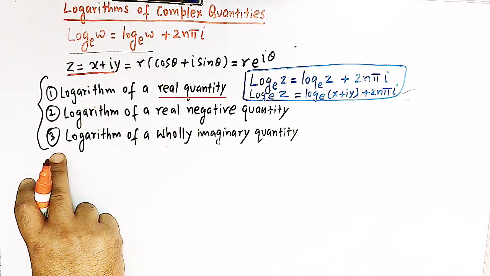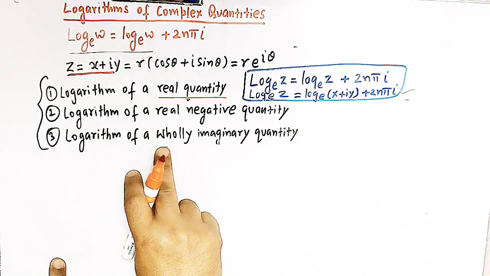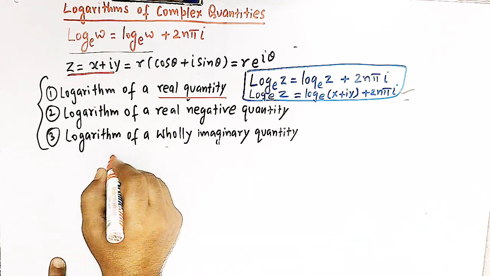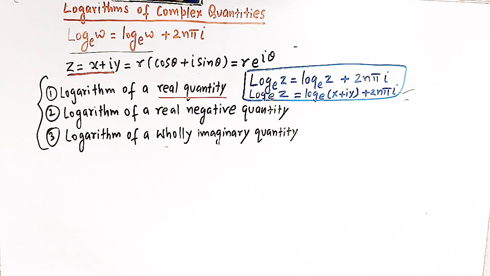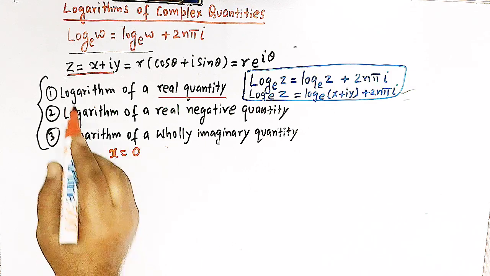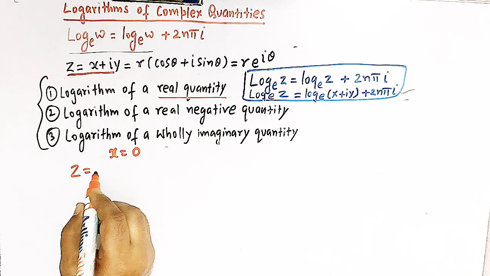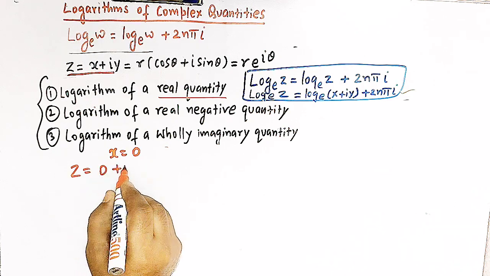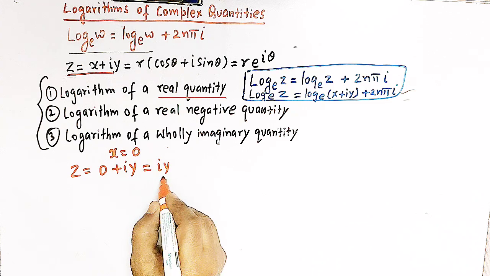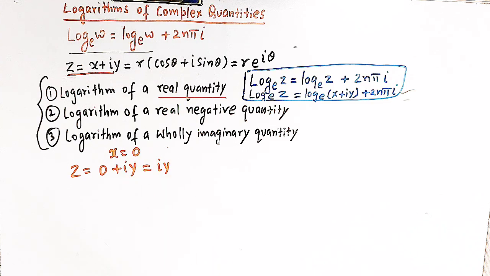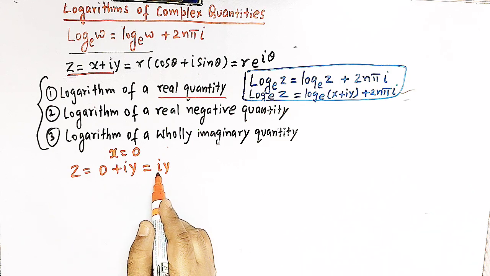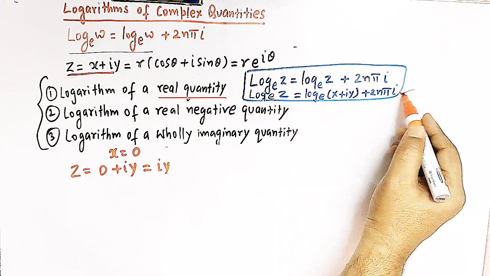So now consider the third case, that is the logarithm of a wholly or purely imaginary quantity. In this case, we'll take x equal to 0. So when we take x equal to 0, then the value of z becomes 0 plus iota y. So here we have iy, and iy is a purely imaginary quantity. So let us substitute the value of z as iota y in this expression.